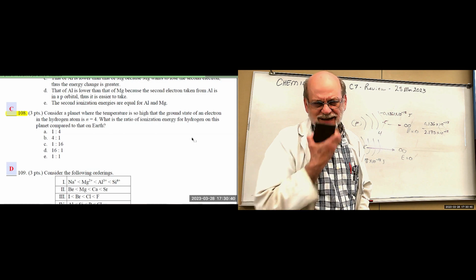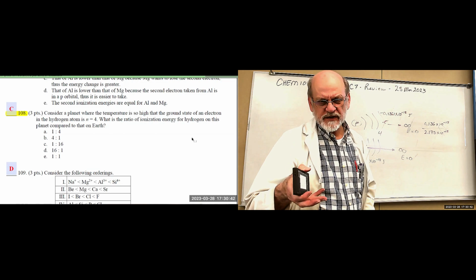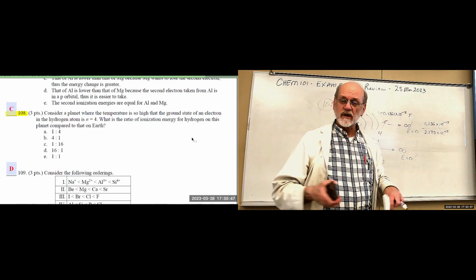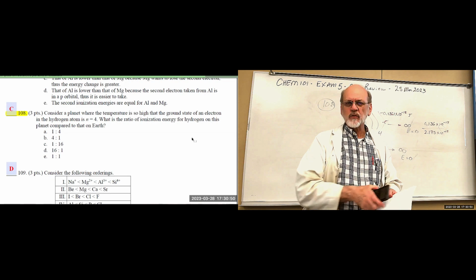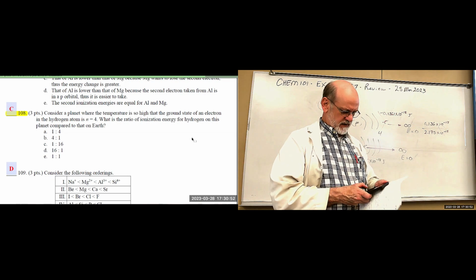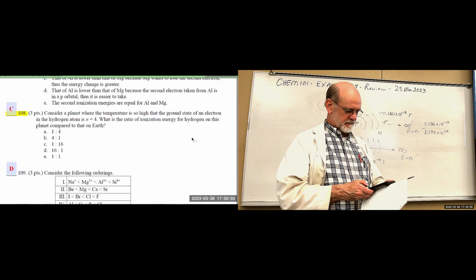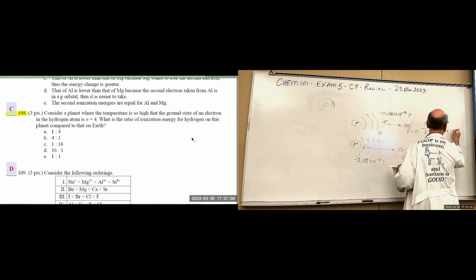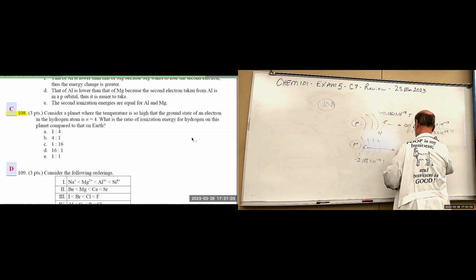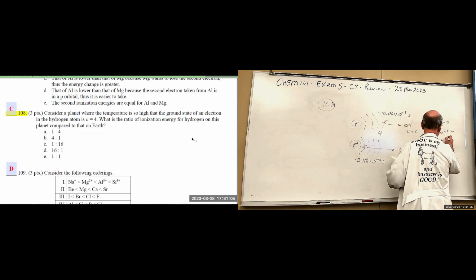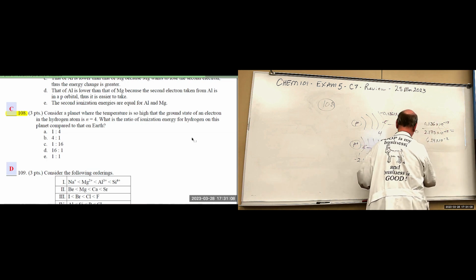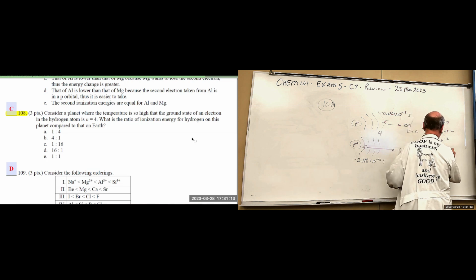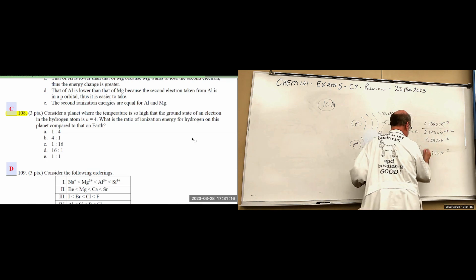C: 1/4, 1/16, 4/16. So let's see what those fractions are. I know 1 over 4 is 0.25. What's 1 over 16? This value is actually equal to 6.24 times 10 to the minus 2. And 1/16 is equal to 6.25 times 10 to the minus 2. So that's it. It's 1/16.